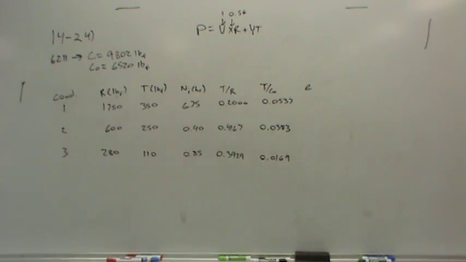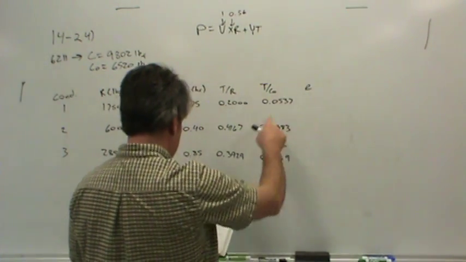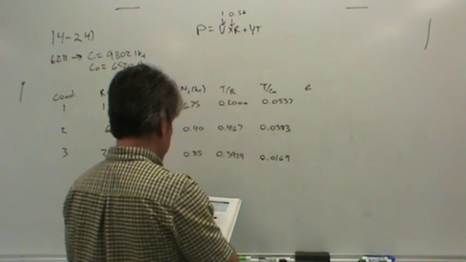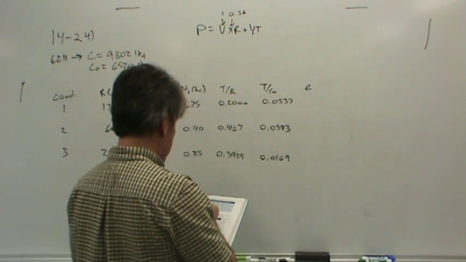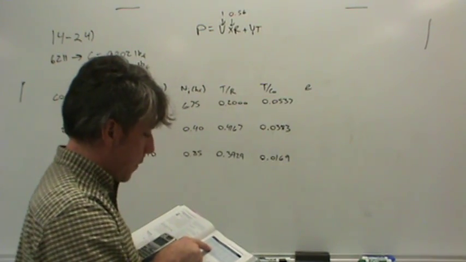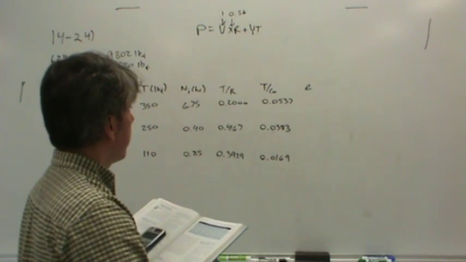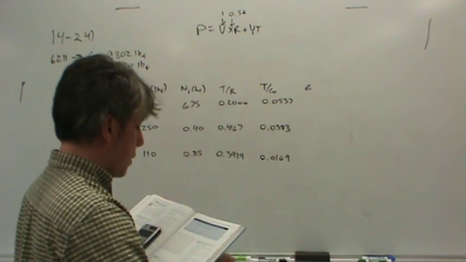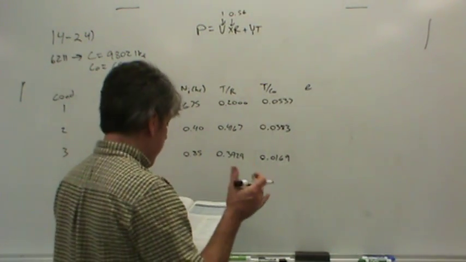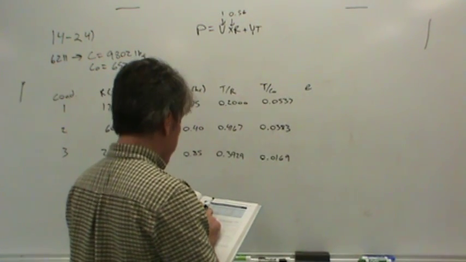So we need to take T over C naught and read off the value of E. So T over C naught of 0.537. Well, T over C naught in the book is 0.056. We could interpolate, but notice that it's not going to be hugely different, and it'll take me a long time on the video to perform the interpolation. So I'm just going to guesstimate E, unless it looks like it's something I really need to interpolate.